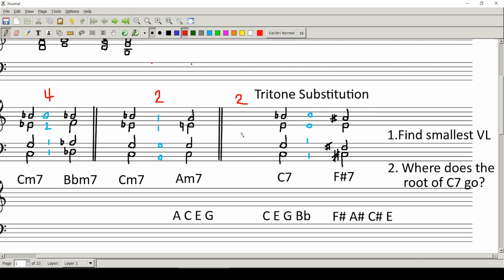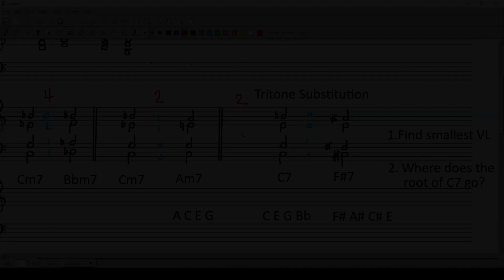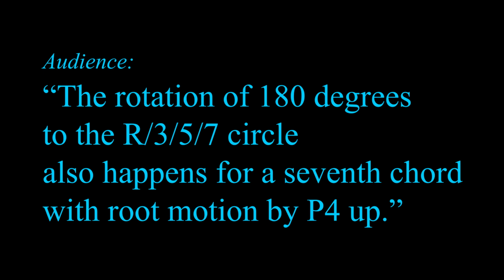I think you have enough of a basis for playing around with these if you'd like, and we'll come back to them next week and see a more systematic perspective, kind of like cube dance that we saw for triads. The rotation of 180 degrees to the root, third, fifth, seventh circle also happens for a seventh chord with root motion by a perfect fourth up.